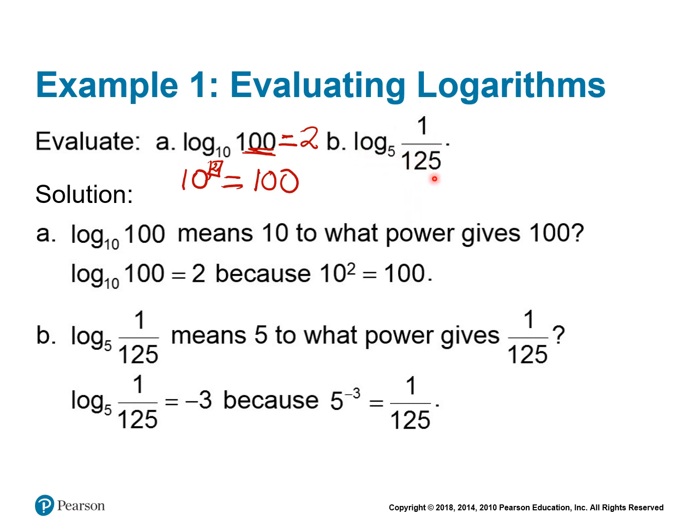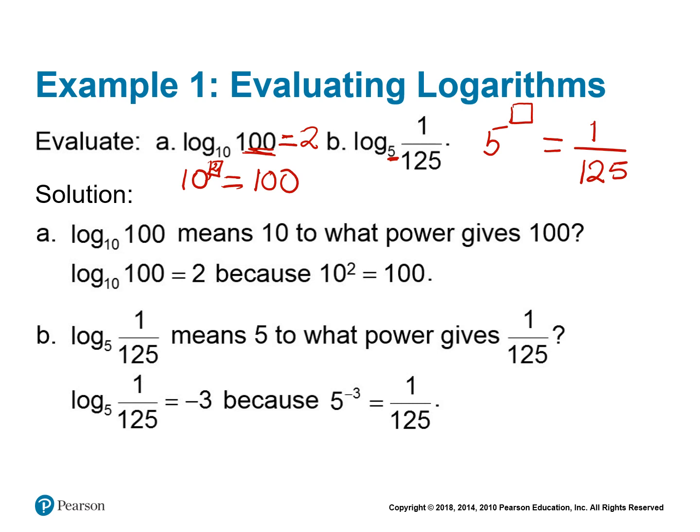Part B says log base 5 of 1 over 125. We'll follow the same process. We will try to put it in exponent form with 5 as the base. So I'm going to take the 5, okay, and then see to what power, to what exponent we must raise it to get an answer of 1 divided by 125.